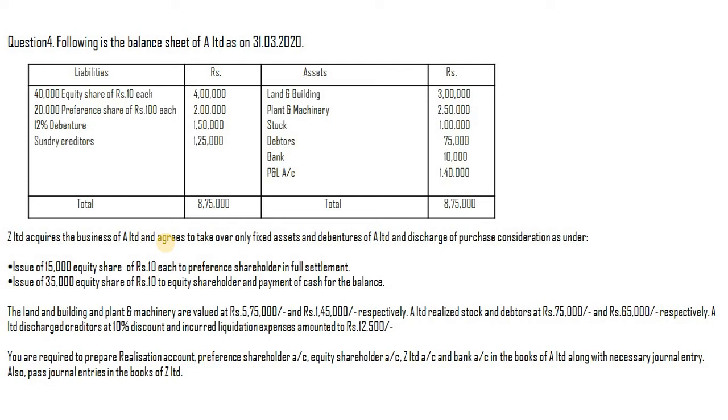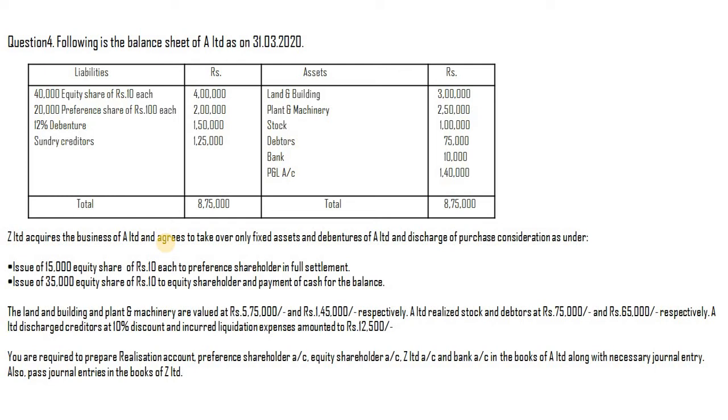But here it's very clearly mentioned that only fixed assets will be taken over. Current assets like stock, debtors, bank are not taken over. Fictitious assets like the P&L account, which is in the balance sheet, is not taken over.